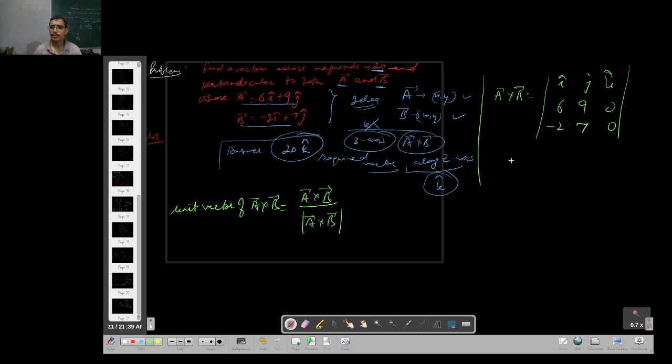If I try to find it out, it comes out to be 60k. And what is the magnitude of this A cross B? It is 60. So it is 60k over 60, so the unit vector is k cap. And it was said that 20 is the magnitude of the required vector.